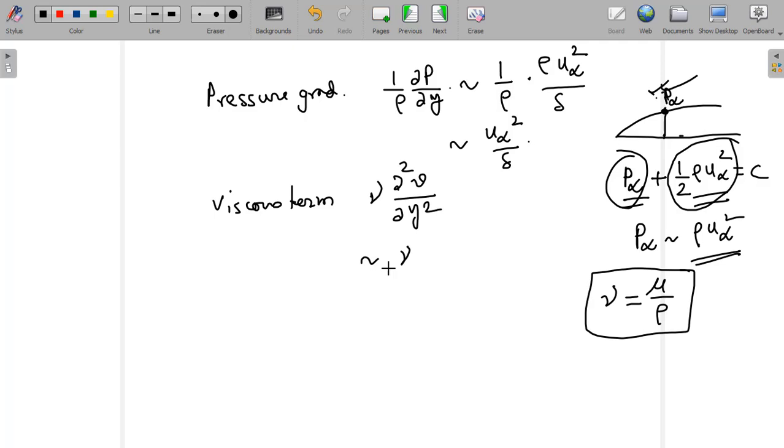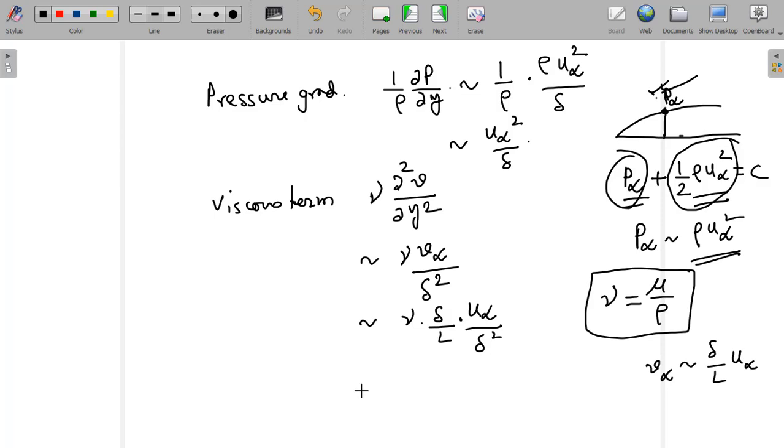It is nu into v infinity divided by the order of magnitude of y, which is delta, so delta square. Now v infinity we already know from the continuity equation is of the order of magnitude of delta by L into u infinity. So nu into delta by L into u infinity divided by delta square. If you simplify, it is nu into u infinity divided by L into delta. So that is the order of magnitude of the viscous term.